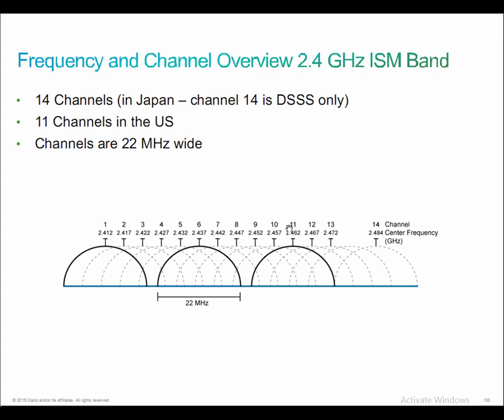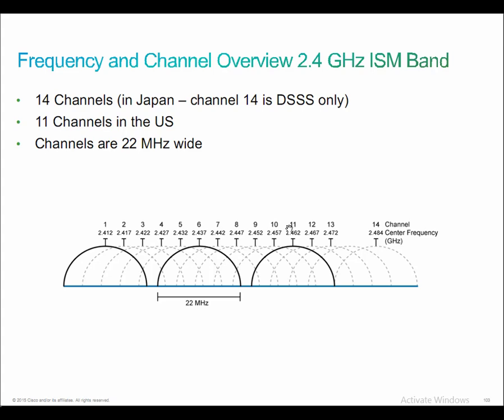The center frequency for channel 1, 2.412. So if you subtract 11 megahertz off of that, that gets your beginning frequency, and add 11 megahertz on that, that gives you your top end frequency. And you can see the center frequency for each of these channels, all the way up to 2.462.